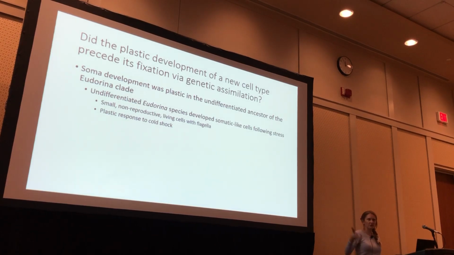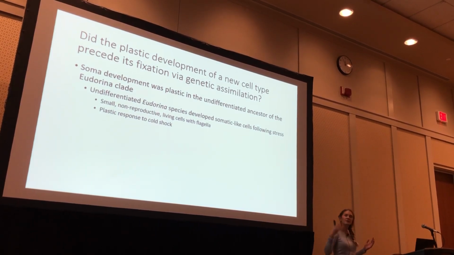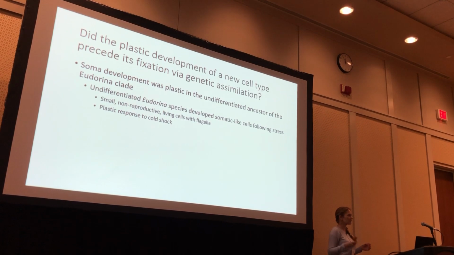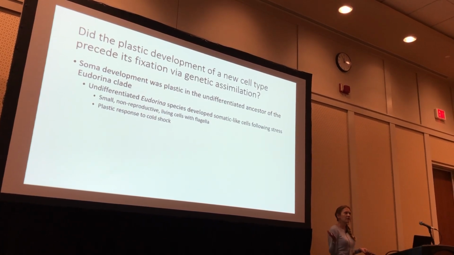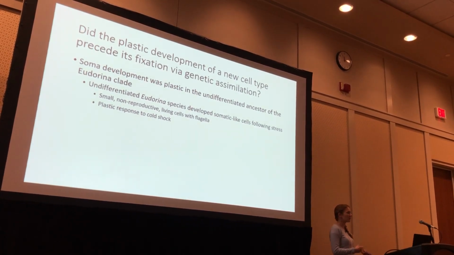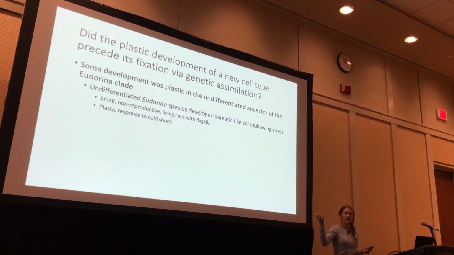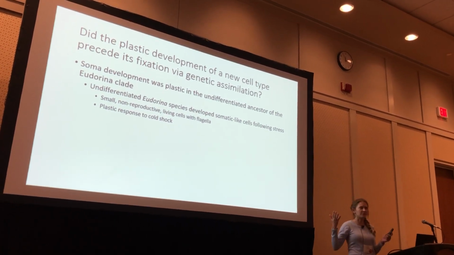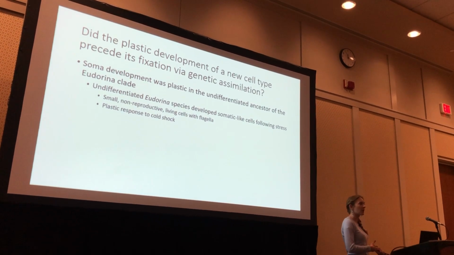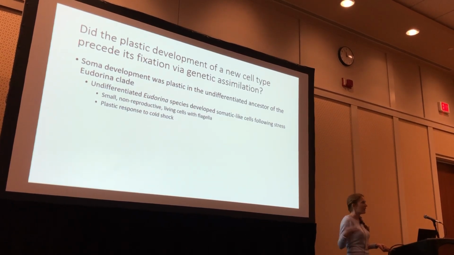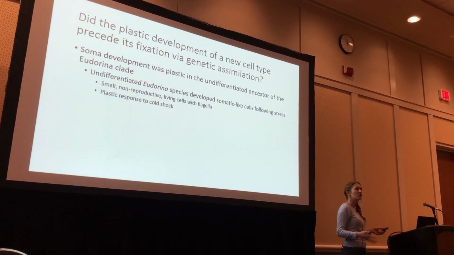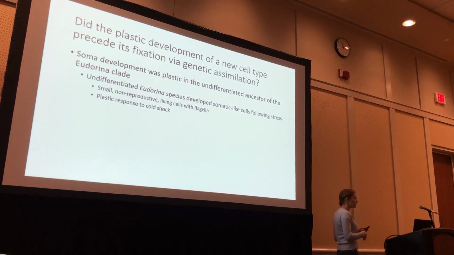So today, I showed you that the development of somatic-like cells was most likely plastic in the undifferentiated ancestor of the uterine clade. These undifferentiated species develop cells that do resemble soma in response to cold shock, and the development of these cells was plastic, not the result of a recurrent mutation.